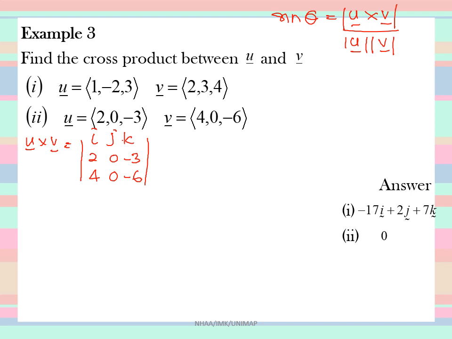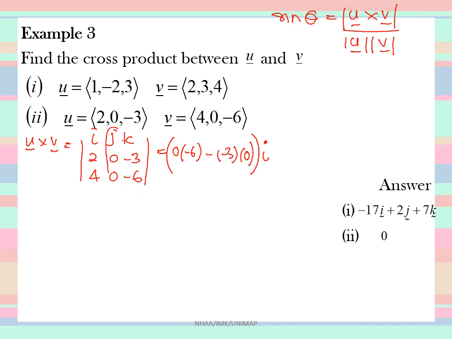For i, we take the cross product of 0 times minus 6, put a bracket, don't forget, minus the cross product of minus 3 times 0. Close the bracket. You got the component for i.